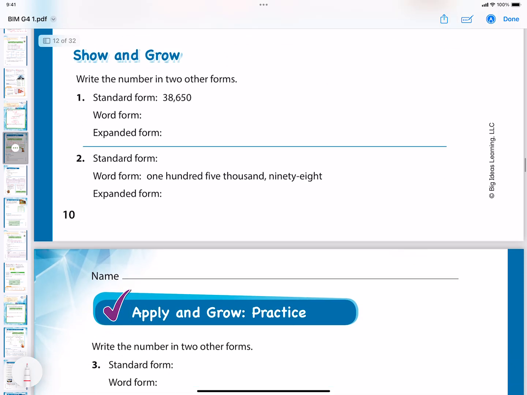Now show and grow. Let's practice a little bit more. Here, write the number in two other forms. Standard form is what? 38,650. So I'm going to write it here, 38, and then you need to put the thousands comma, and then 650.